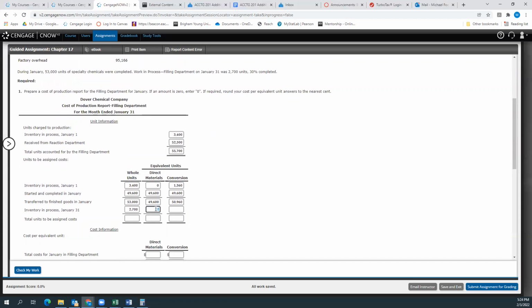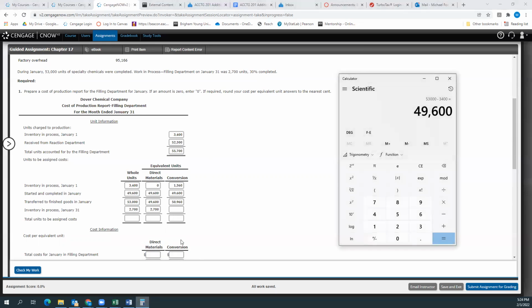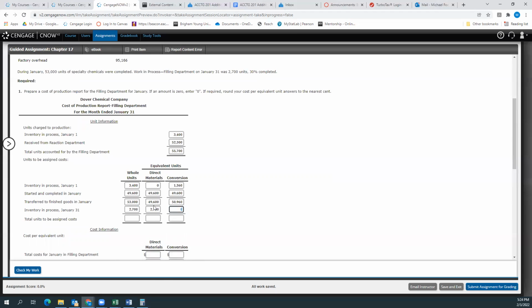So we're going to say there's 2,700 worth of direct materials. And then 30% are completed with respect to the conversion costs. So we'll take 2,700 times 30%, and that gives us 810 equivalent units in process at the end of the period.